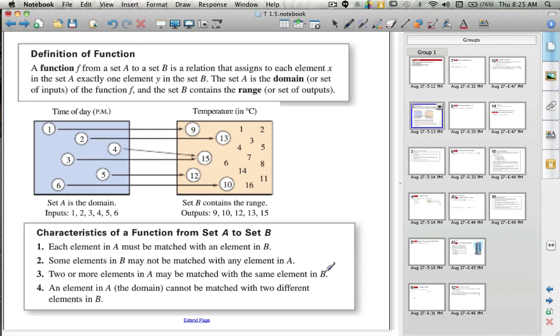Two or more elements in A may be matched with the same element in B, meaning here 3 and 4 are both matched with 15. That's okay. But an element in A cannot be matched with 2 different elements in B. And that's what we talked about. Any input cannot have 2 outputs or it ceases to be a function.